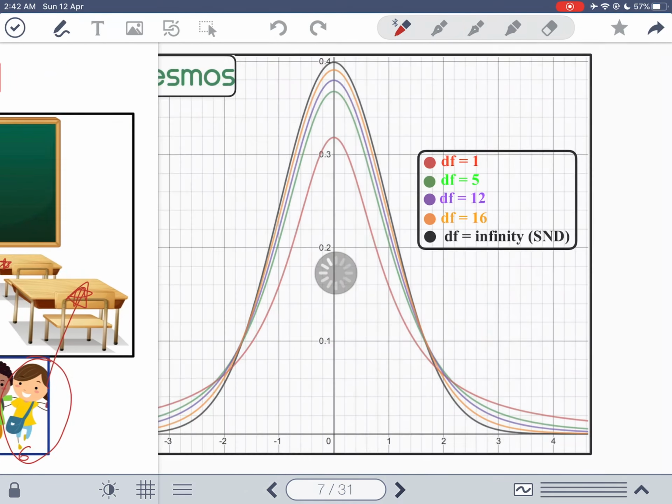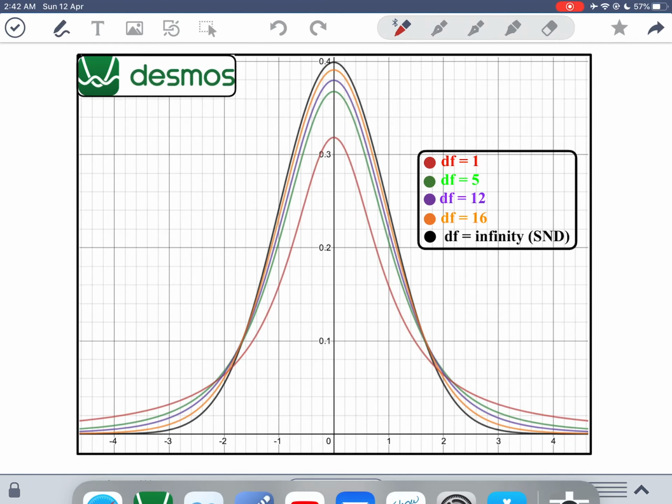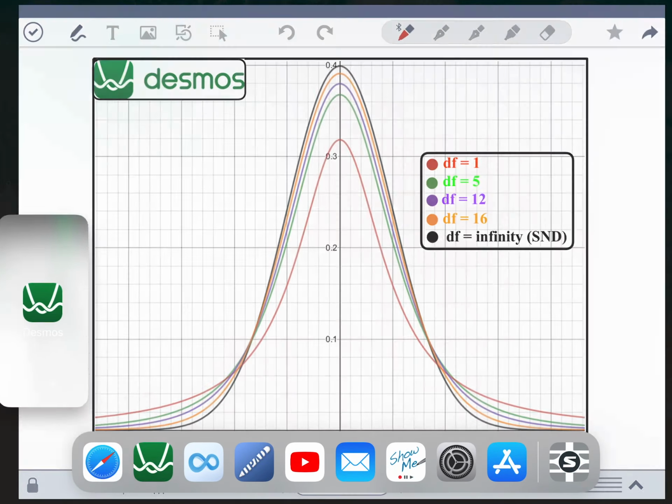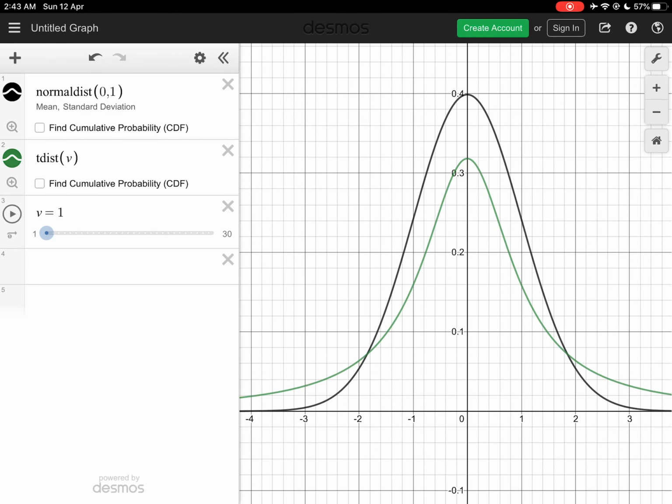Okay, so now let's go to Desmos and look at what the t-distribution looks like. I'm going to open Desmos now. Let's open it full screen. Of course, here I put the normal distribution in black. This is the standard normal curve. And the t-distribution, I put it in green.